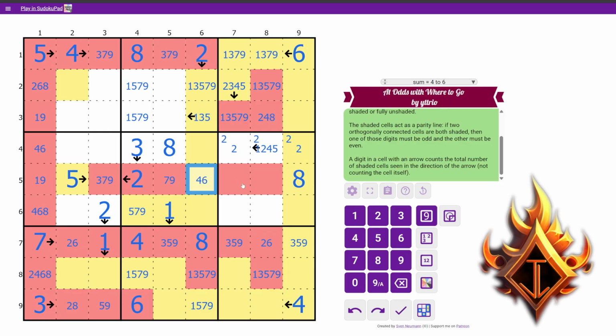Okay. One of these will be even, one of them will be odd. And it'll be a 4 or a 6. 8, though, cannot be anywhere up here. So it must go there. And then it will be one of those.